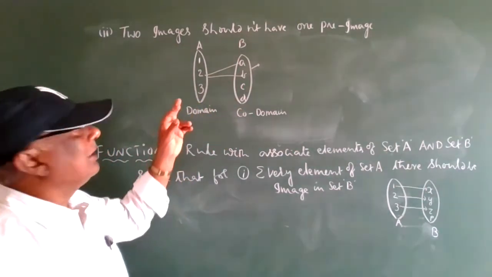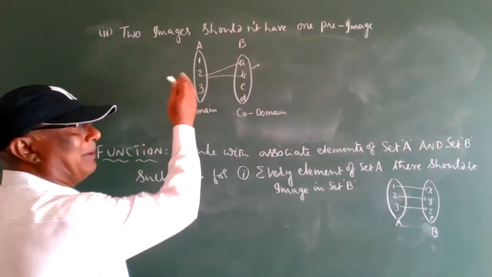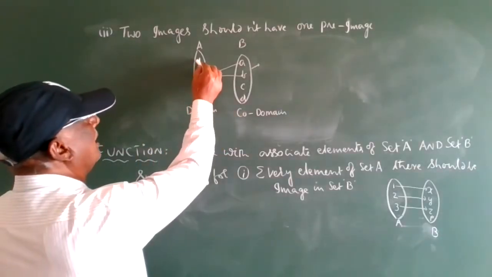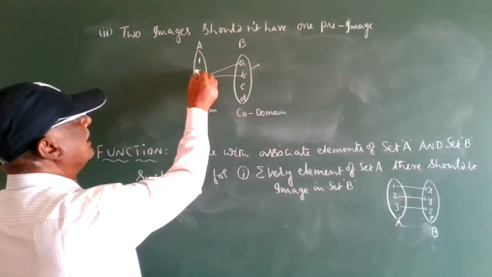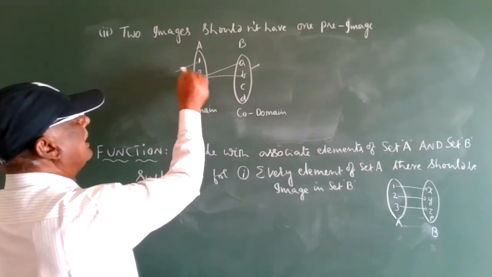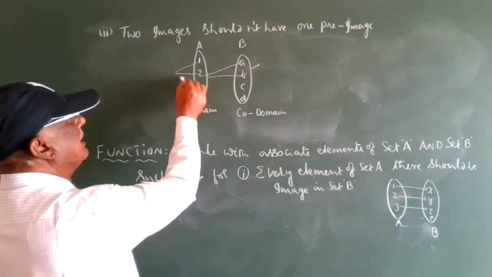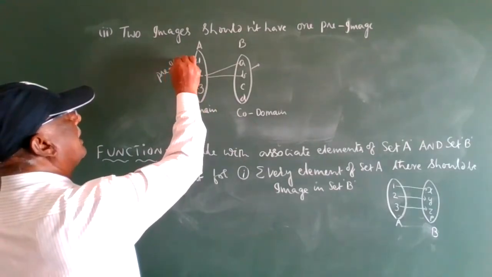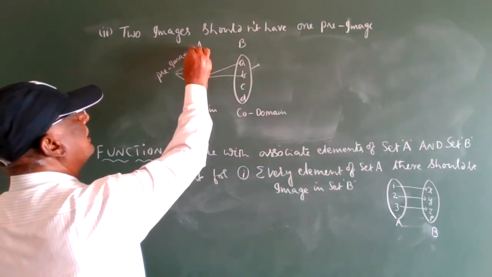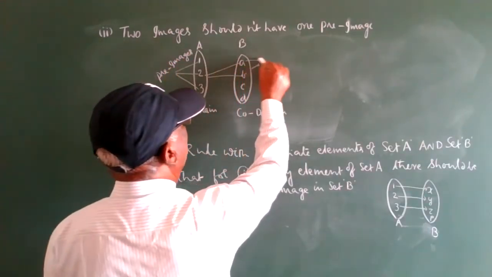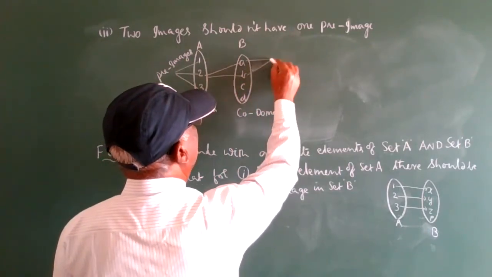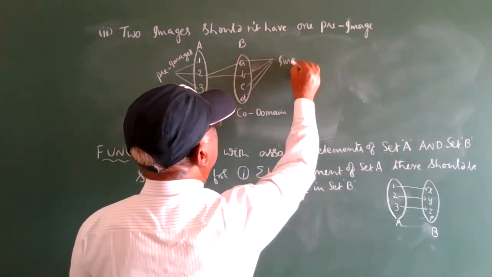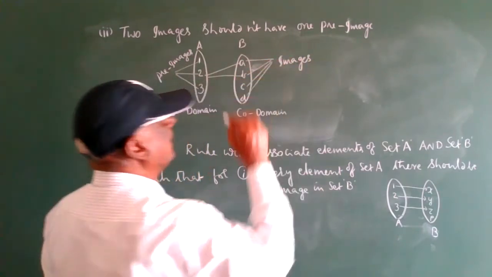Every element of the domain is called a pre-image, the element before the image. These elements are called pre-images, and these elements are called images.